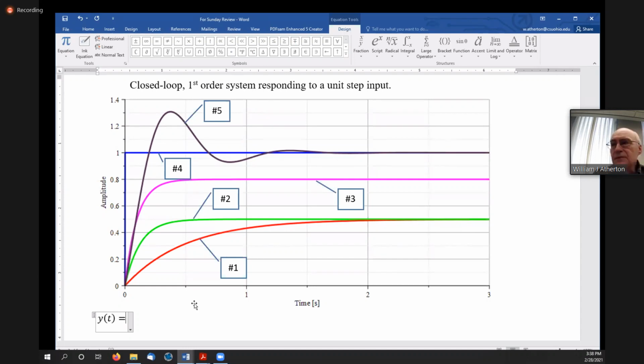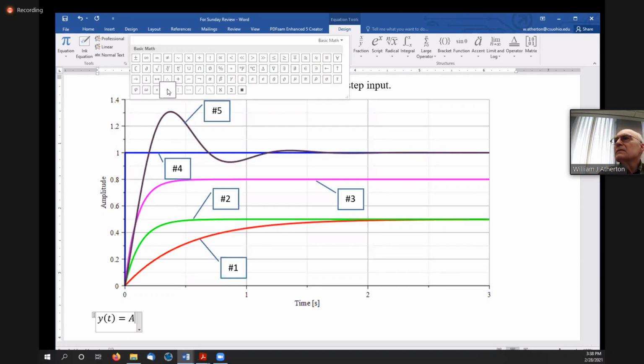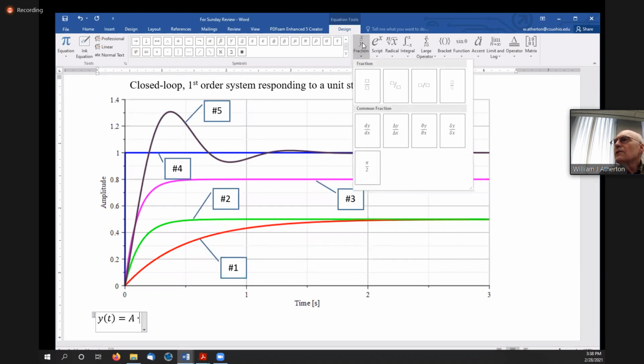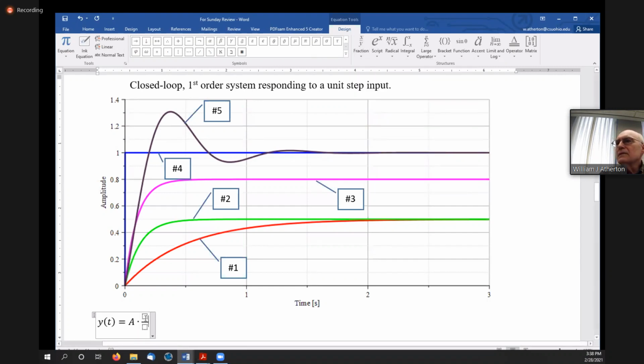Well, it's the amplitude of the input times Kp over 1 plus KP. You guys remember this? If you don't, it's in your notes somewhere. Probably lab 2 notes.